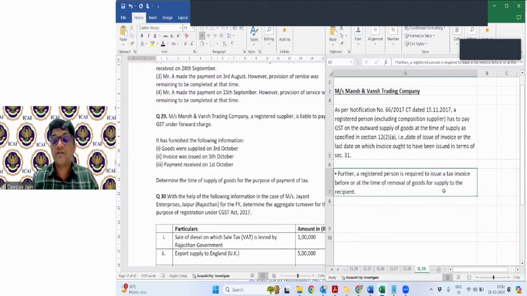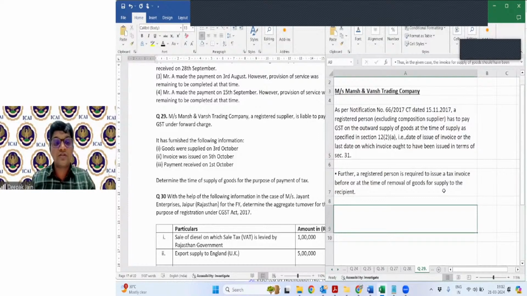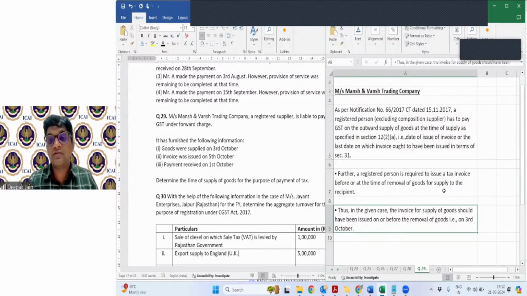Further, a registered person is required to issue a tax invoice before or at the time of removal of goods. Now, in this case, removal of goods is 3rd October, but he has issued late.